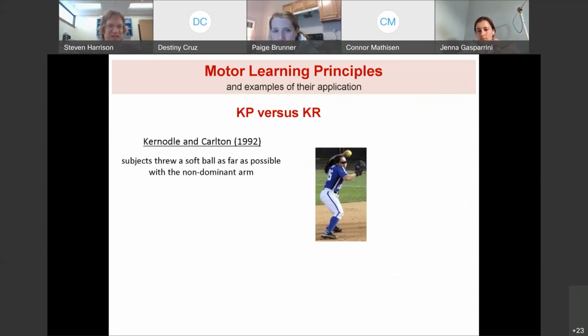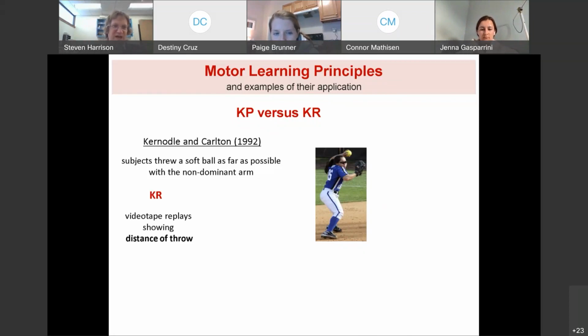Here we have a study where athletes are being trained to throw a softball as far as they can with their non-dominant arm. Again, we're looking at the non-dominant arm because we're investigating the utility of training principles, and we want to start out with a skill that has more room for improvement, so we can see it clearly in the results. Subjects throw the softball as far as they can, and we look at different types of feedback.